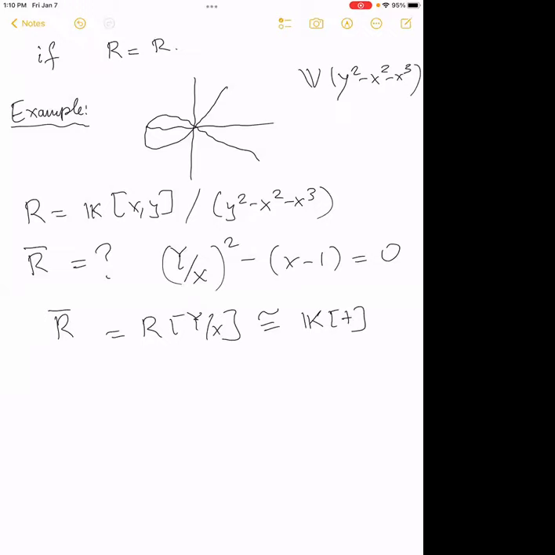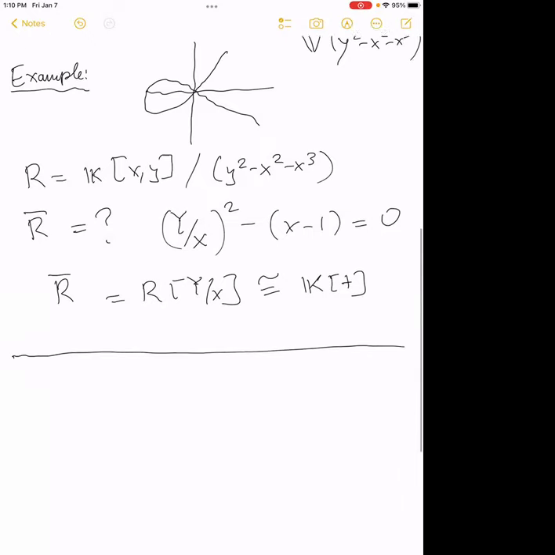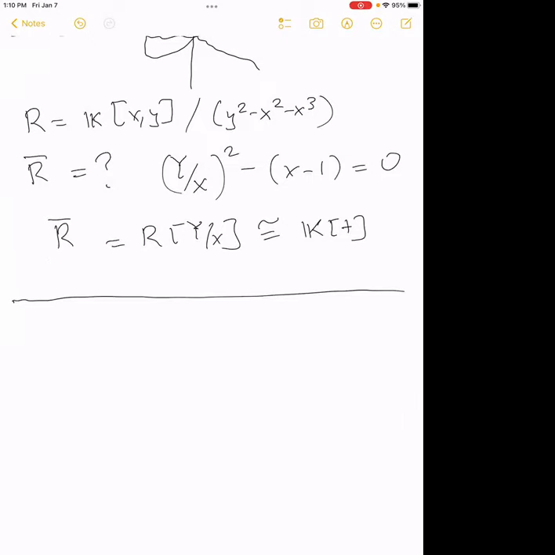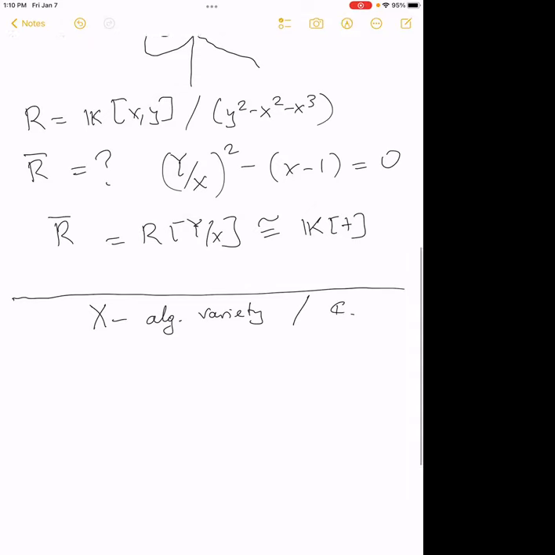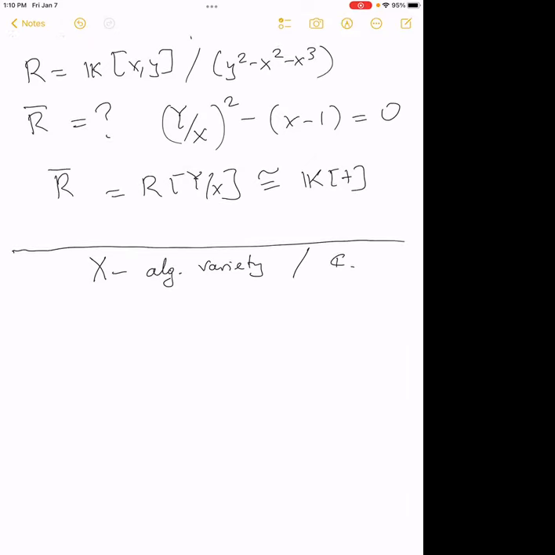Let me remind you of some more general connections of the normalization to algebraic geometry. X will be an algebraic variety. You can assume, if you feel more comfortable, that this is over the complex numbers, or an algebraically closed field.